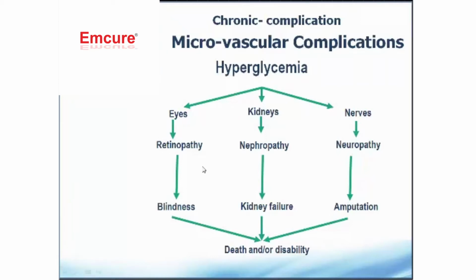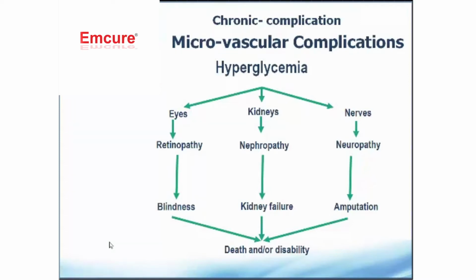Retinopathy brings a condition of blindness, nephropathy leads to kidney failure or end-stage renal disease, and neuropathy leads to amputation of the leg or extremities. Ultimately, all these conditions lead to disability or death in a diabetic individual.